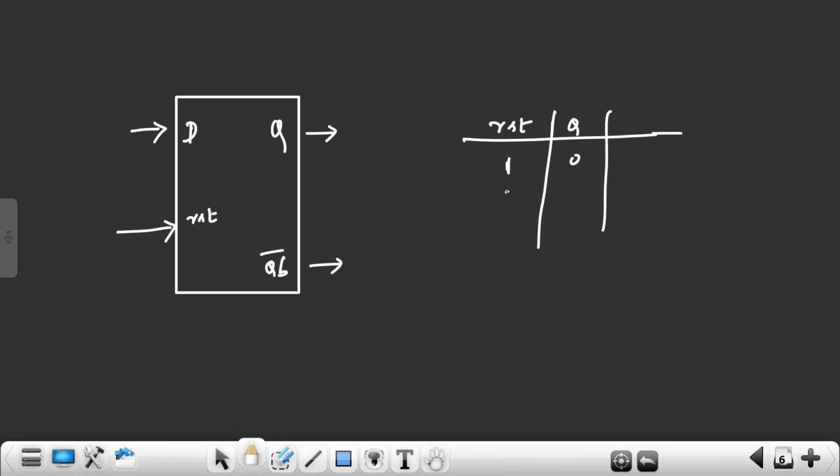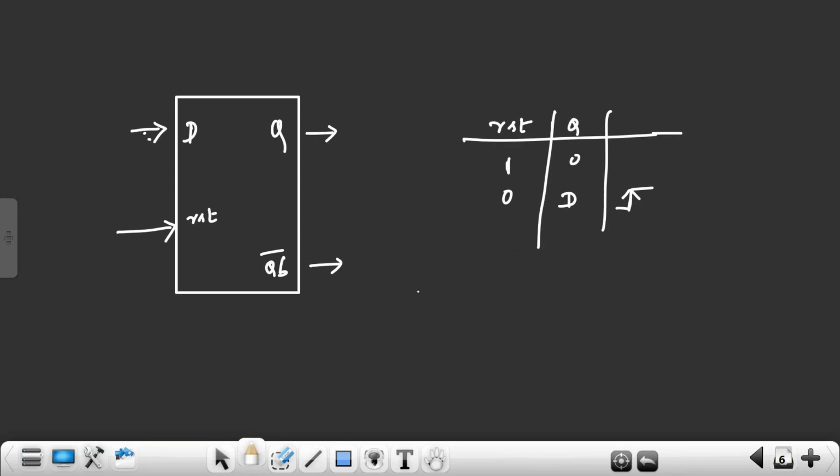If reset is 0, then Q takes whatever is present on D. Whatever is present on D goes to Q, for every positive edge of clock. This happens only at the positive edge of clock, and only when reset is 0. This is the behavior of the D flip flop. So you can remember the D flip flop behavior easily rather than the internal structure.